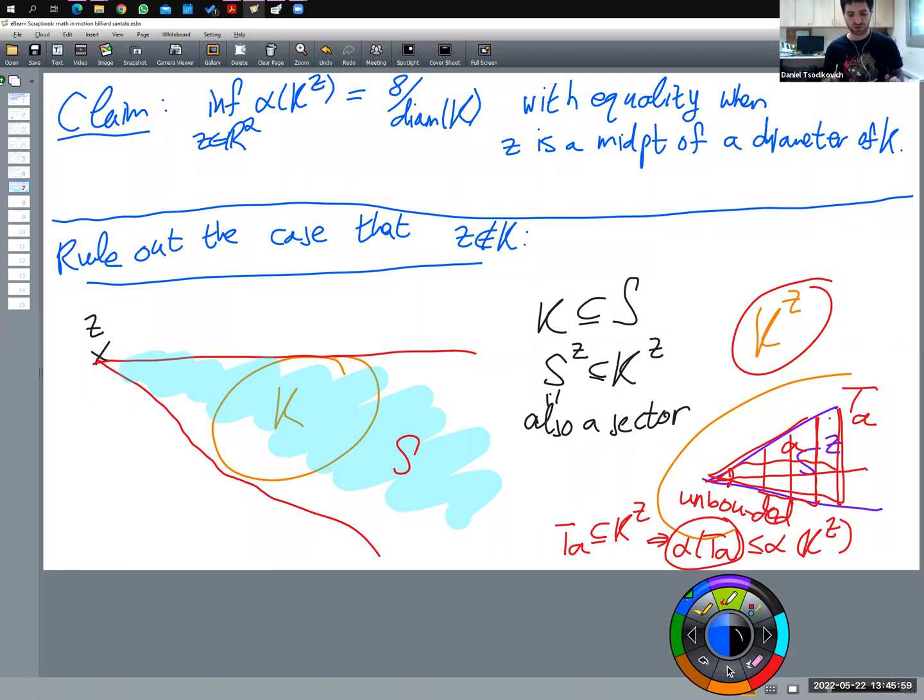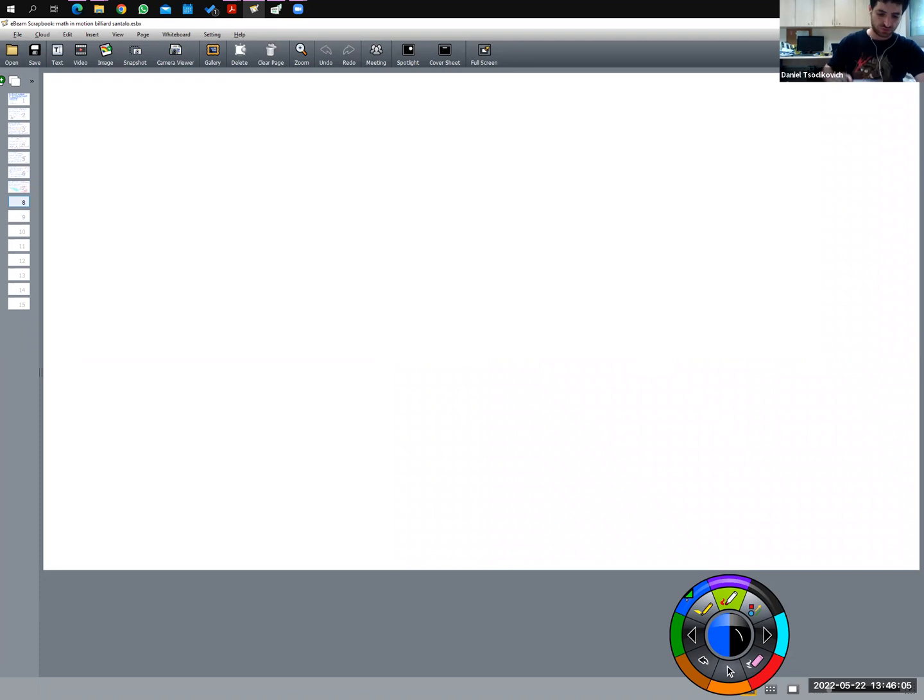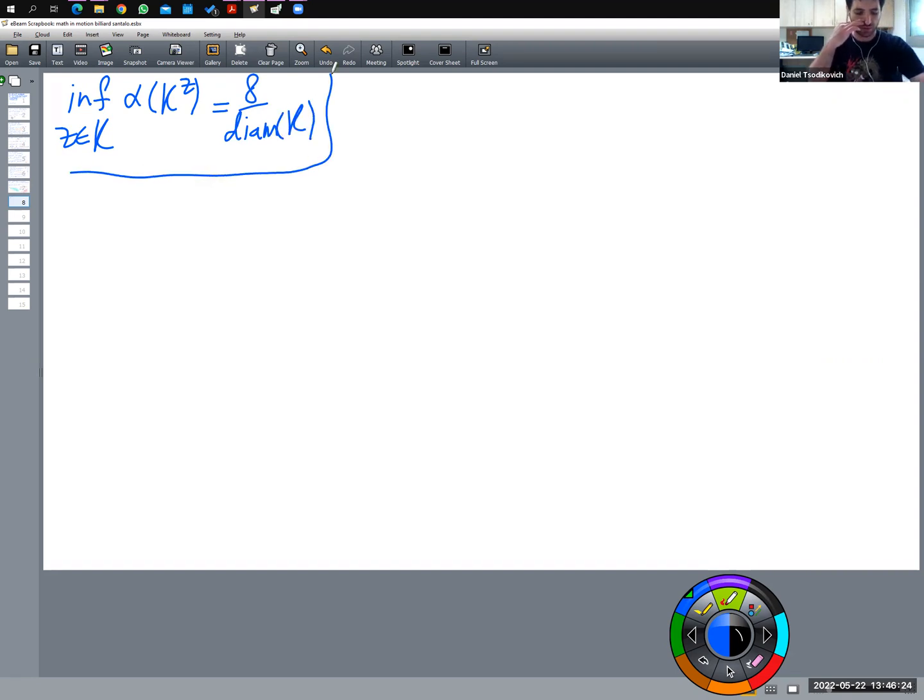So this is why we can restrict the infimum to K. So now we have a simpler claim that the infimum for Z in K, we need to show this. So this is what we have now. And this is what we need to show now.